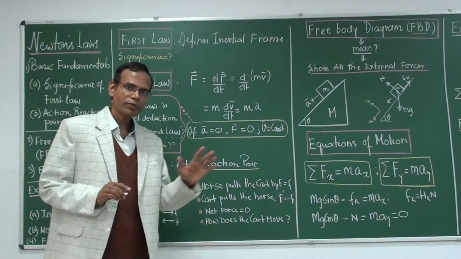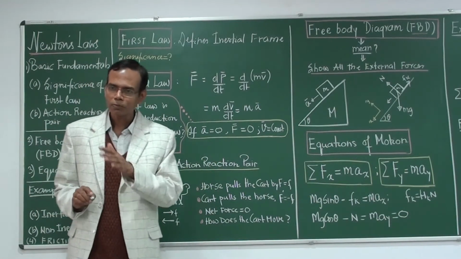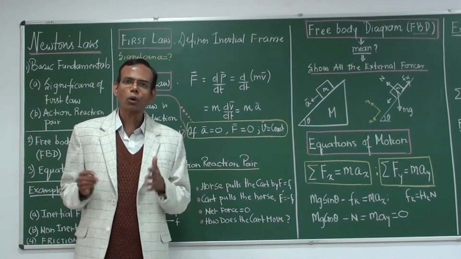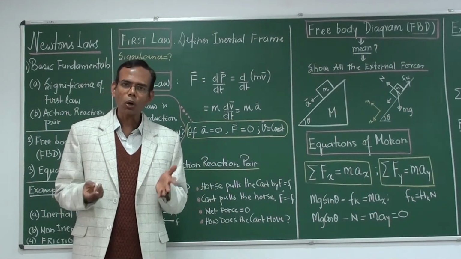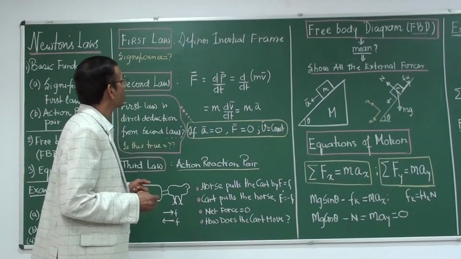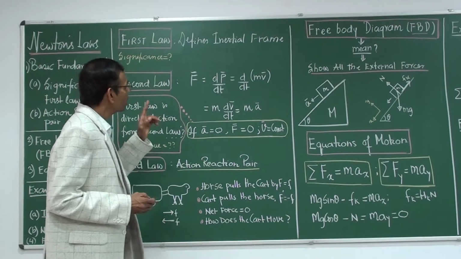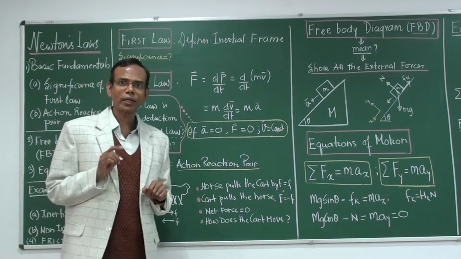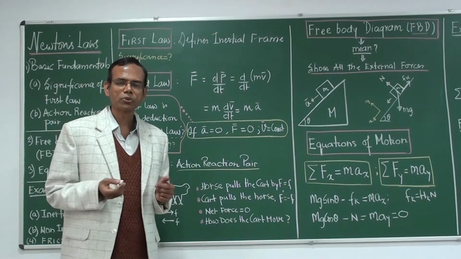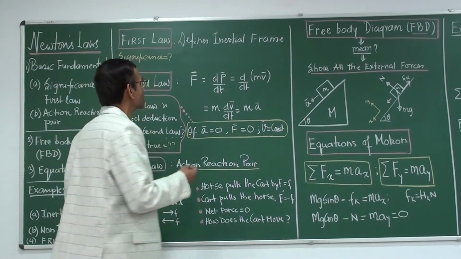Now, any frame which is moving with respect to an inertial frame at a constant velocity is also an inertial frame, or if the frame is at rest, obviously. Now, whenever we talk about inertial frame, there is another concept that usually comes, and people often ask this.